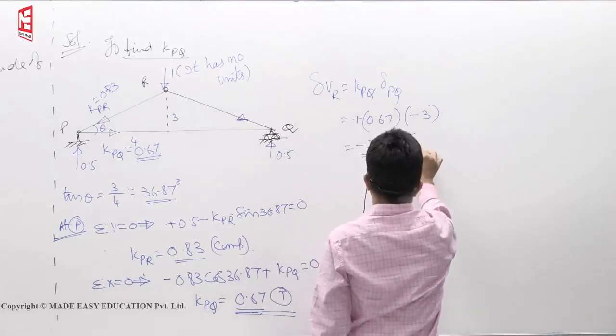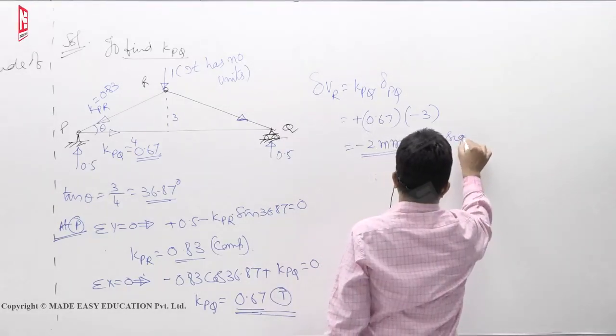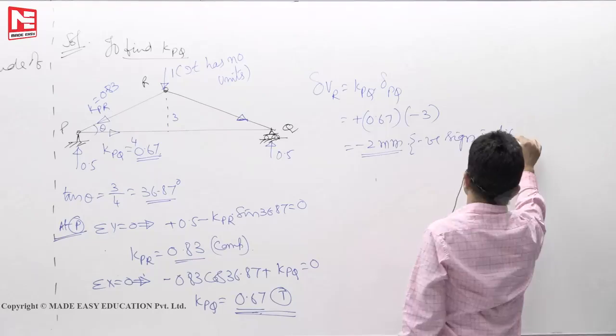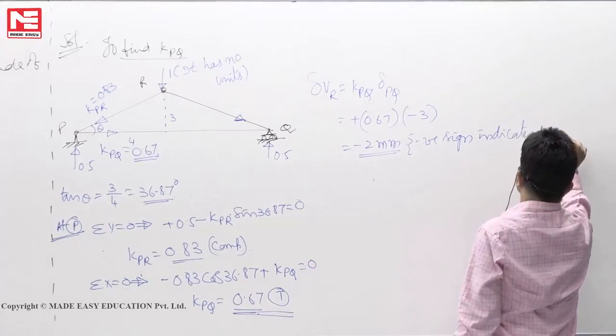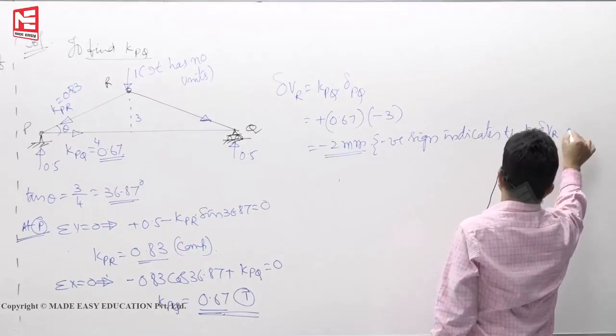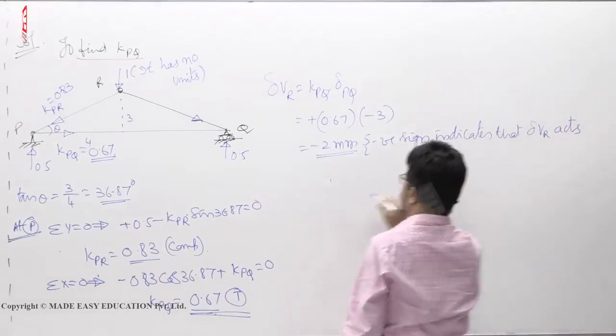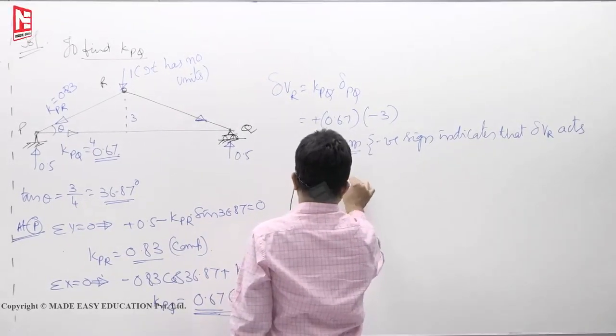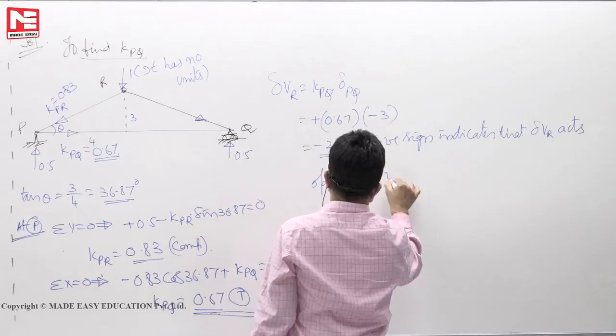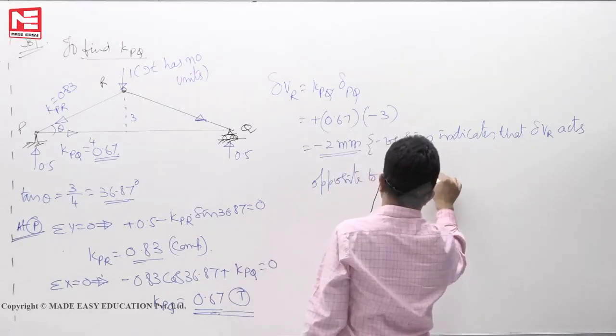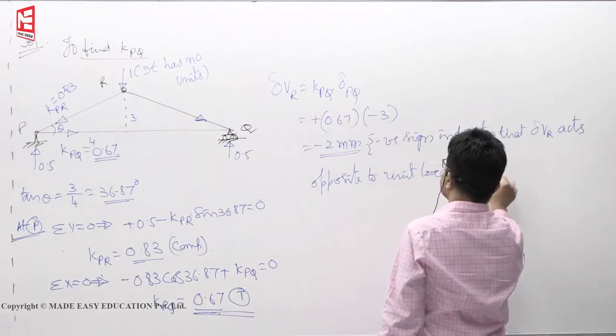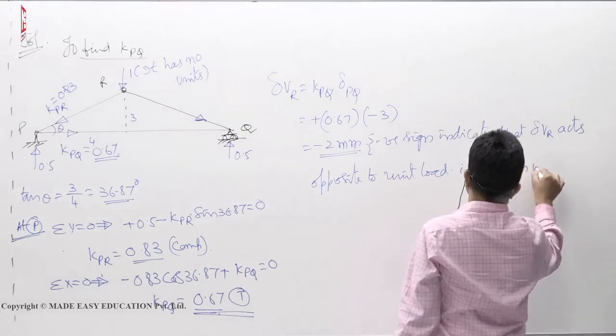That means upward. The negative sign indicates that delta VR acts opposite to the unit load. That is, delta VR is upwards.